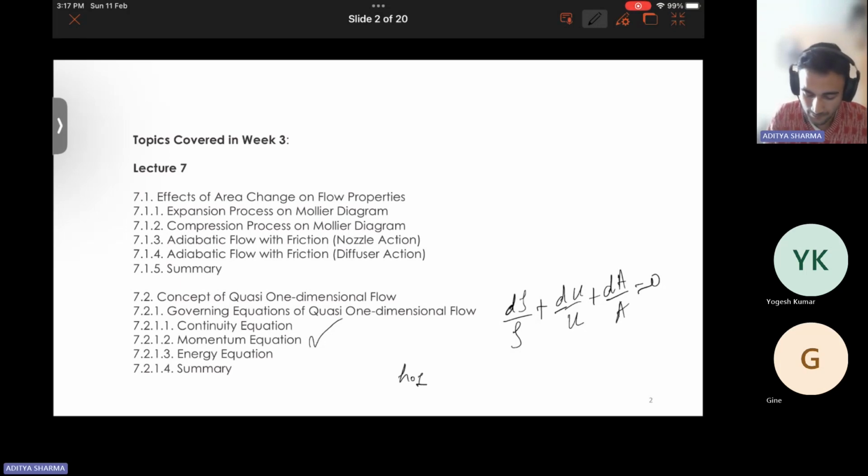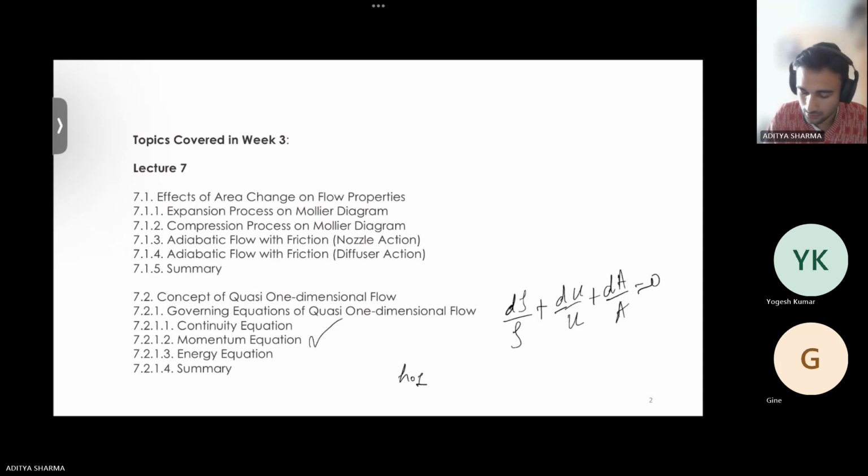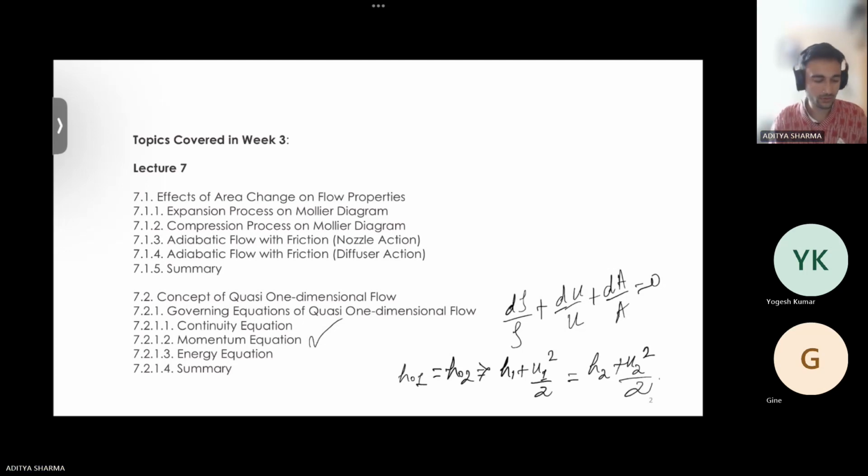So it was something like this, that implies H1... I'm just writing these so that we have a visualization or revision of these formulae. In its differential form also this energy equation was given, and then a brief summary of the whole concept of quasi one-dimensional flow was given.